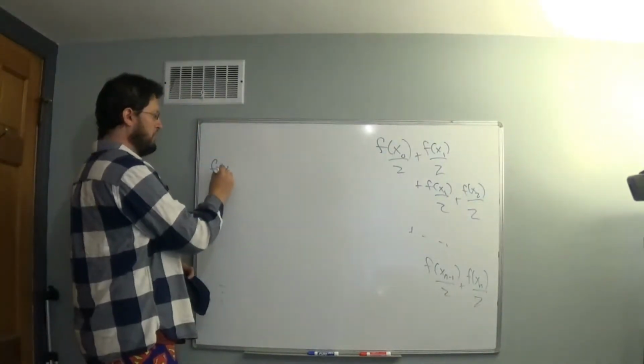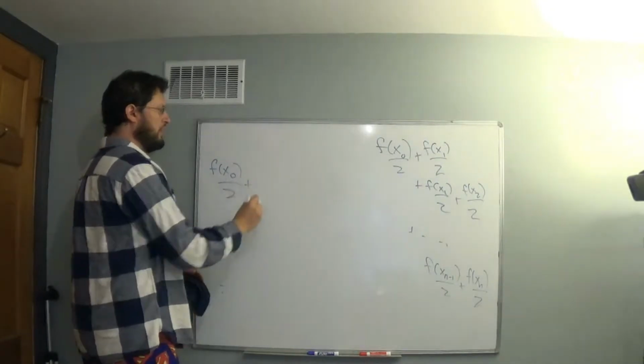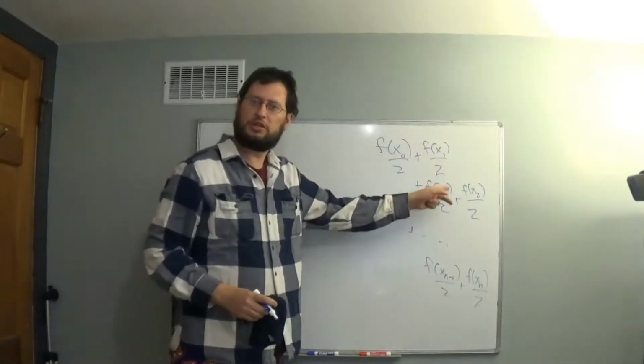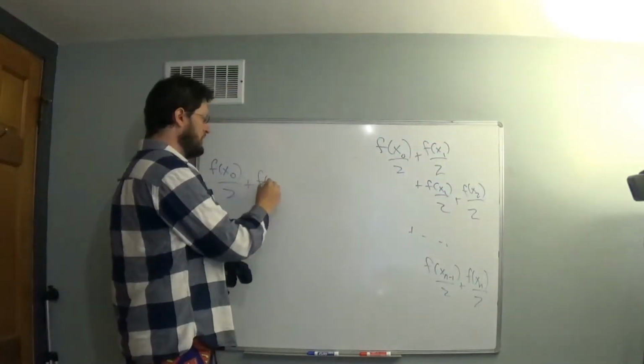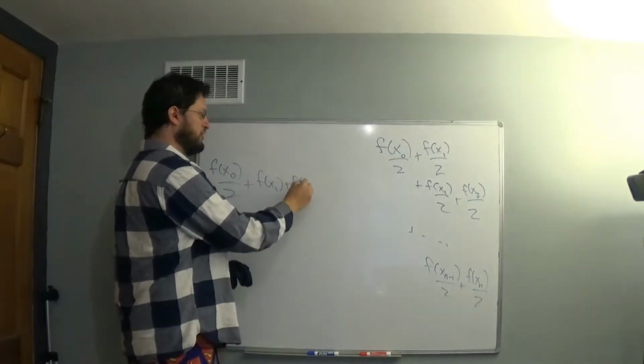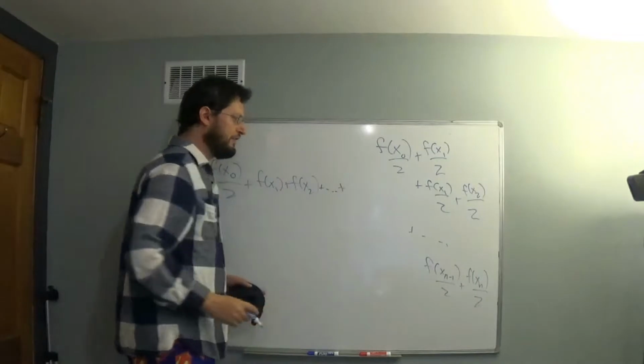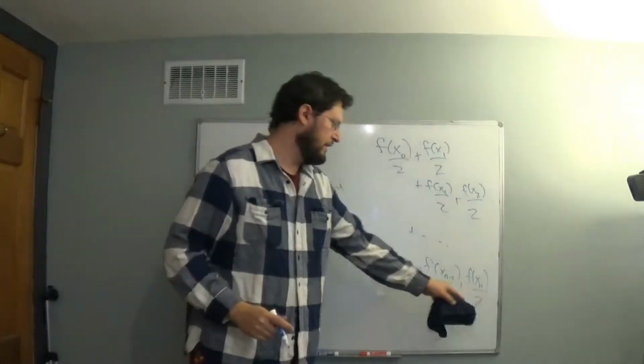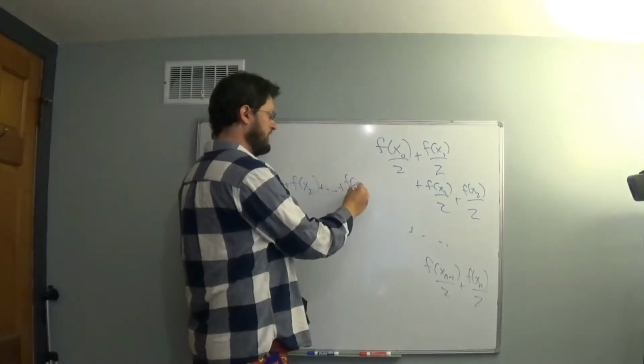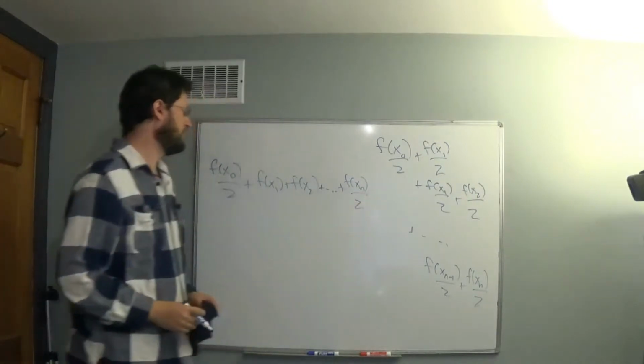And so that will make f at x0 all over 2 plus this one and this one combined together to make f at x1 plus f at x2, because that one will also combine together, plus until the very end, the very last thing that we'll have is f at xn over 2.